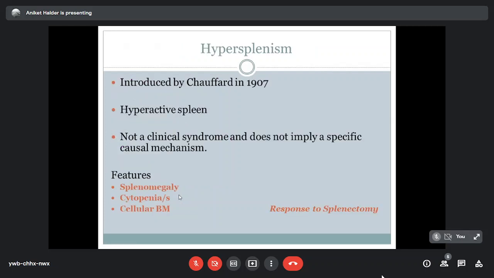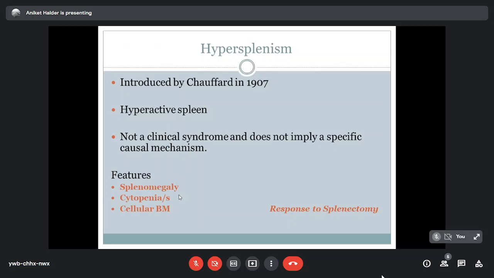So now coming to our topic proper, that is the functional disorder, that is hypersplenism. So what is hypersplenism? Hypersplenism is nothing but hyperfunctioning of the spleen or hyperactive spleen. This was introduced by Schoffert in 1907, and it's not a clinical syndrome, and does not imply a specific causal mechanism. In most cases, it is secondary to certain primary etiologies.